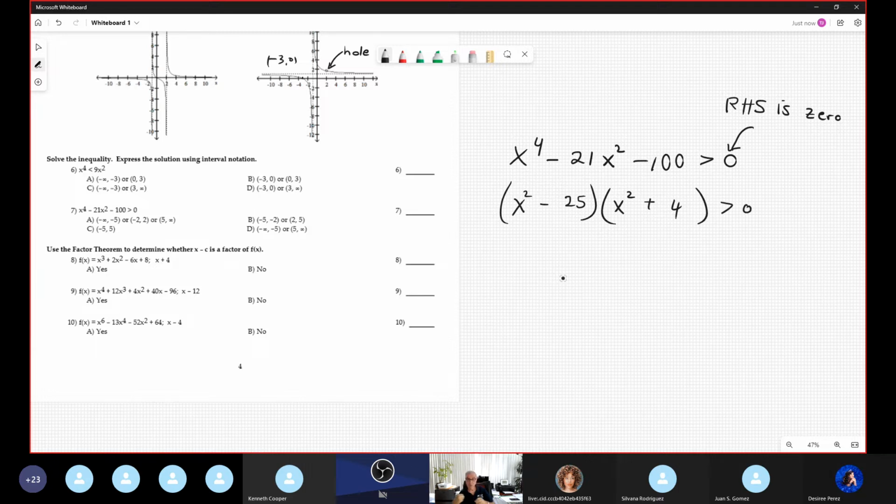I continue because I can see here clearly a difference of squares. Wow. Look, this expression is a difference of squares. So I continue factorization. Open two parentheses. This is x and square root of 25 is 5, plus or minus.